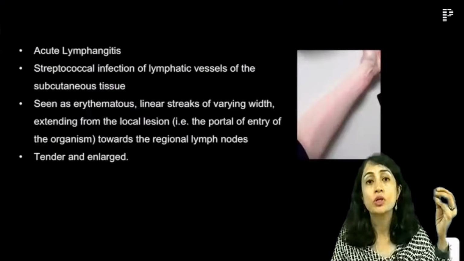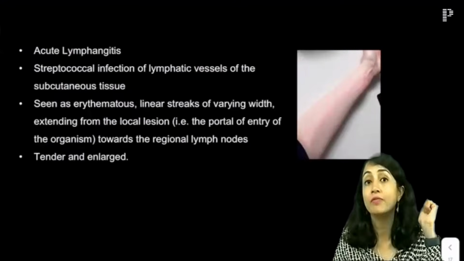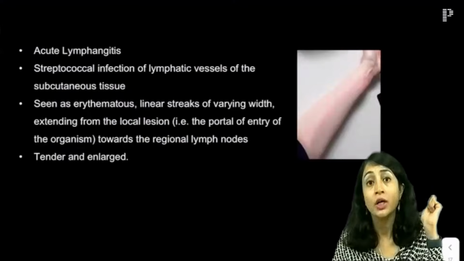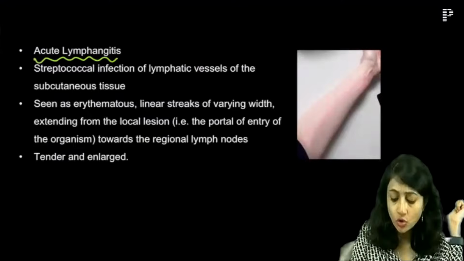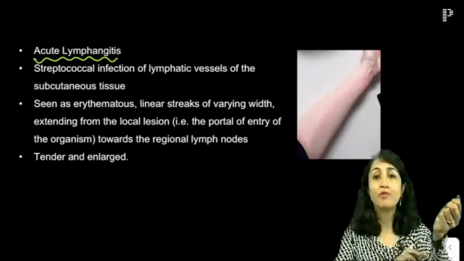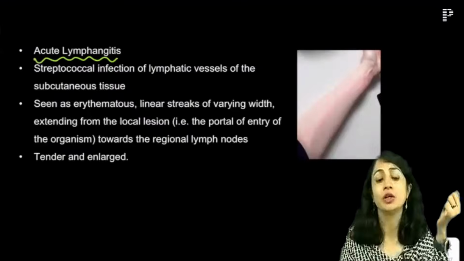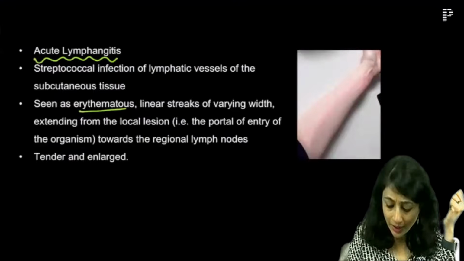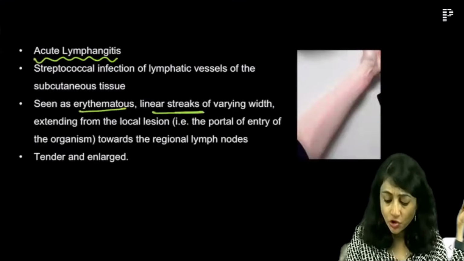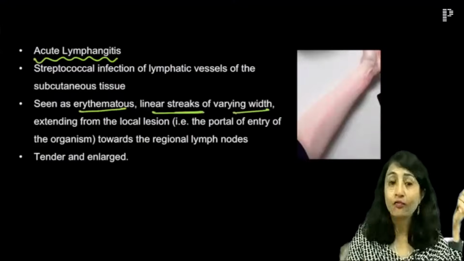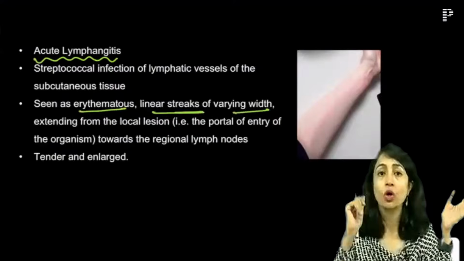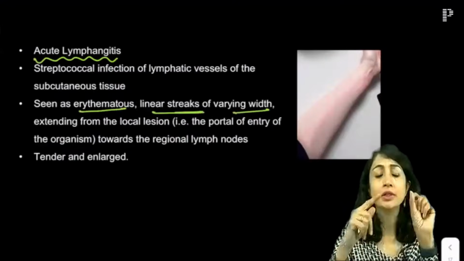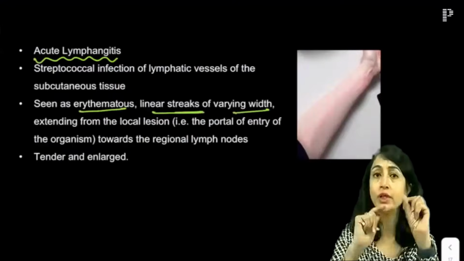Streptococcus can also affect the lymphatic vessels of subcutaneous tissue, in which case I call it acute lymphangitis. When my lymphatic vessels are linearly running on the skin, it will present with erythematous, linear streaks of varying width, extending from some local lesion towards the regional lymph node. Suppose you have a little infection, say paronychia of the nail folds.